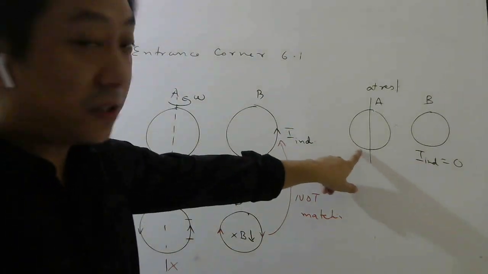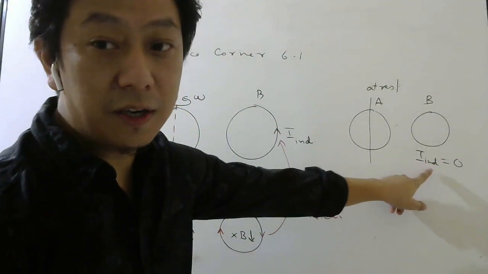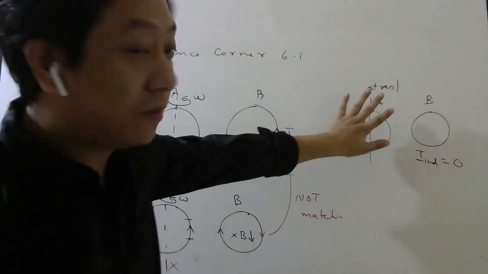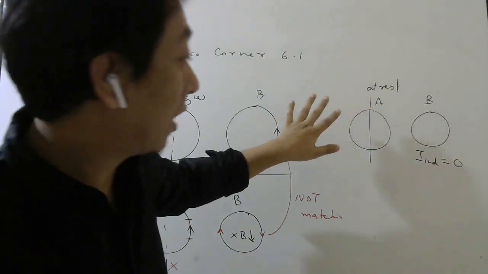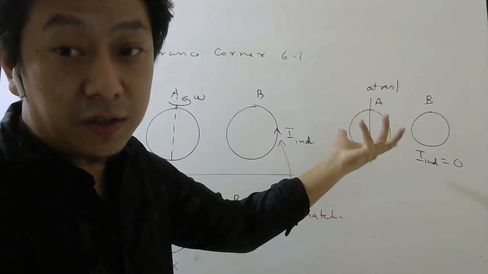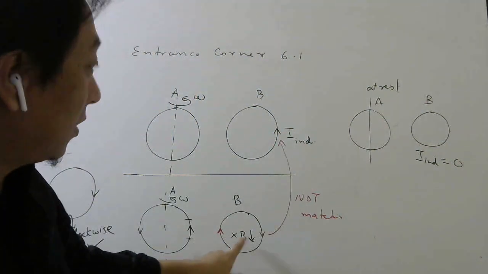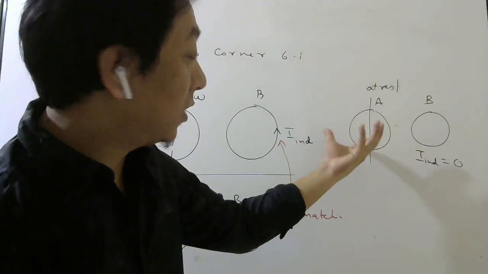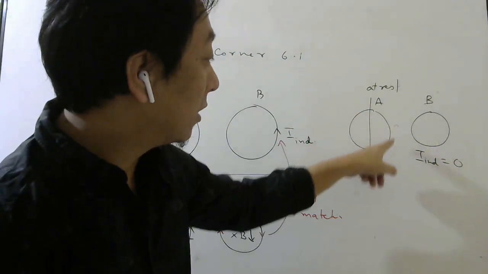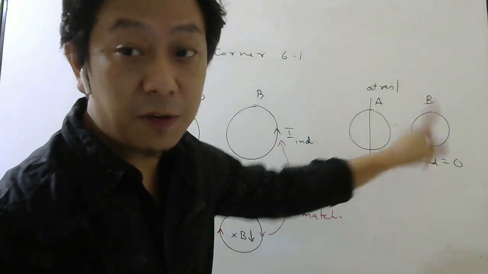And since when it is at rest, there is no induced current, it means that whatever current was here must be constant current. If the loop does not move at all, neither translating nor rotating, then the magnetic field produced by this here will be constant.